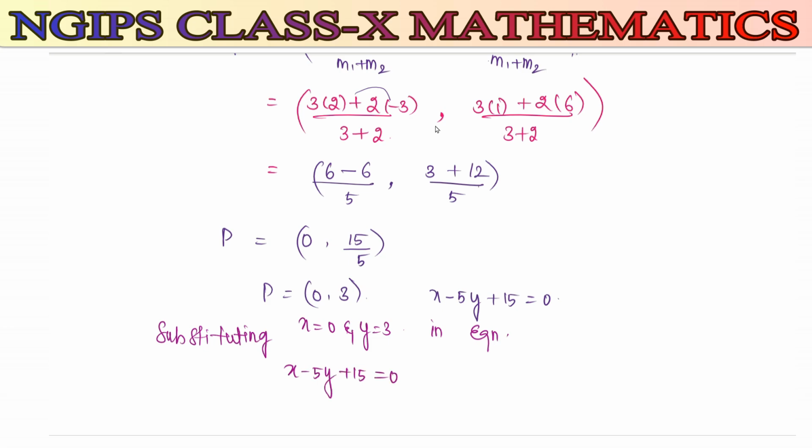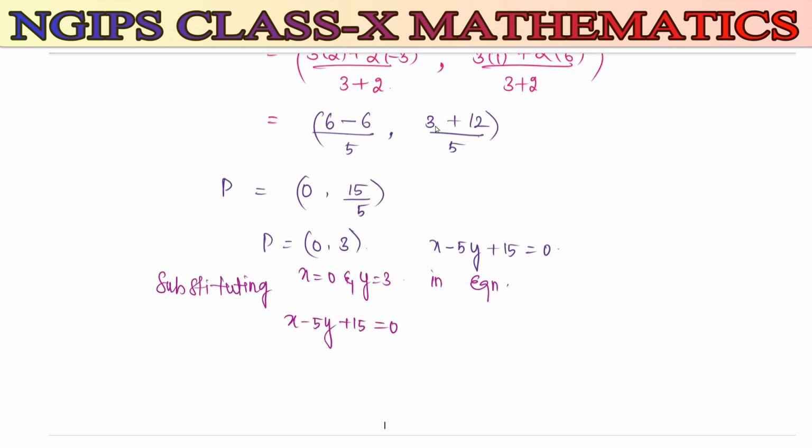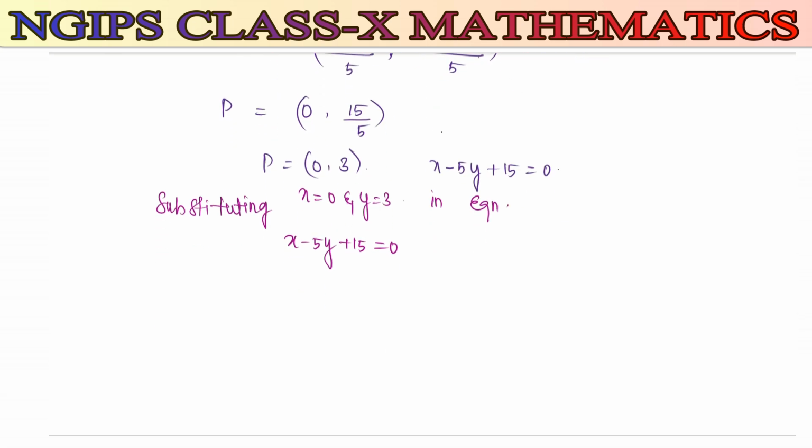If LHS is equal to RHS, we can say the point P lies on the equation. So x value is 0 minus 5 times y value 3 plus 15 is equal to 0. Minus 15 plus 15 is 0. 0 is equal to 0, which is true.